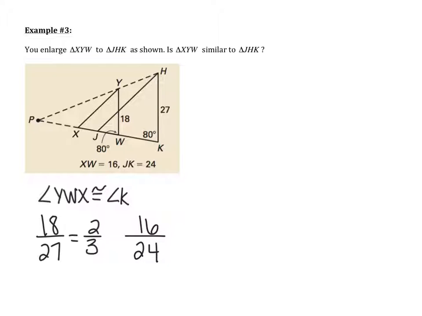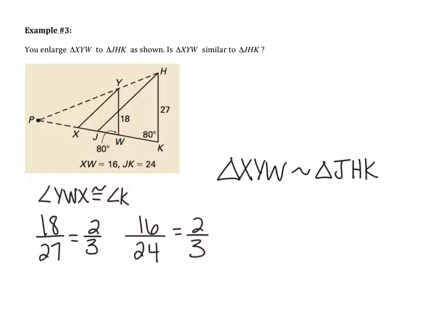And in lowest terms, that would be 2 over 3. So since I have the included angle and the two sides sharing that angle are proportional with a ratio of 2 over 3, I can now state that triangle XYW is similar to triangle JHK by side-angle-side similarity.